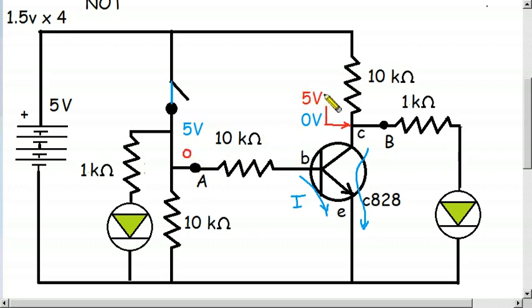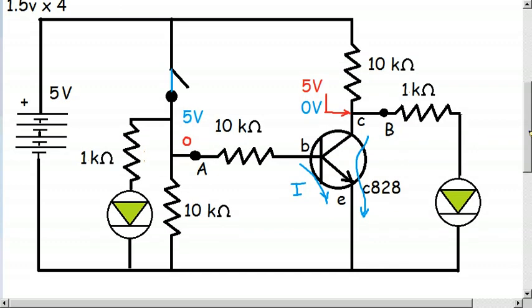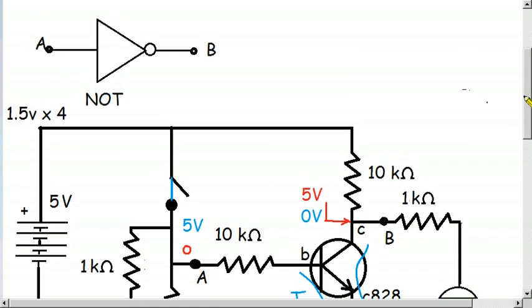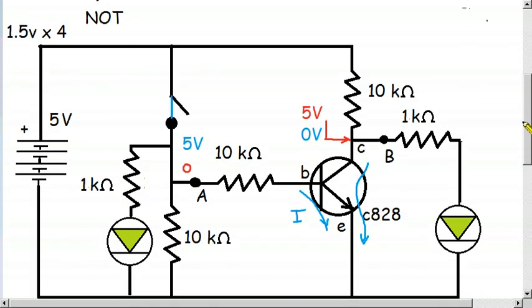If the voltage is 5 volt here, the logic level is high, that means 1. So that is how this circuit works. So you can make this circuit and enjoy. So that is how we make a NOT gate.